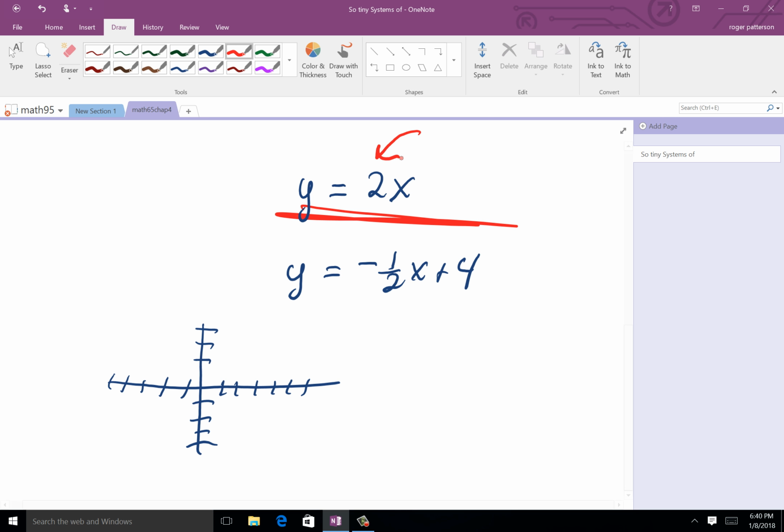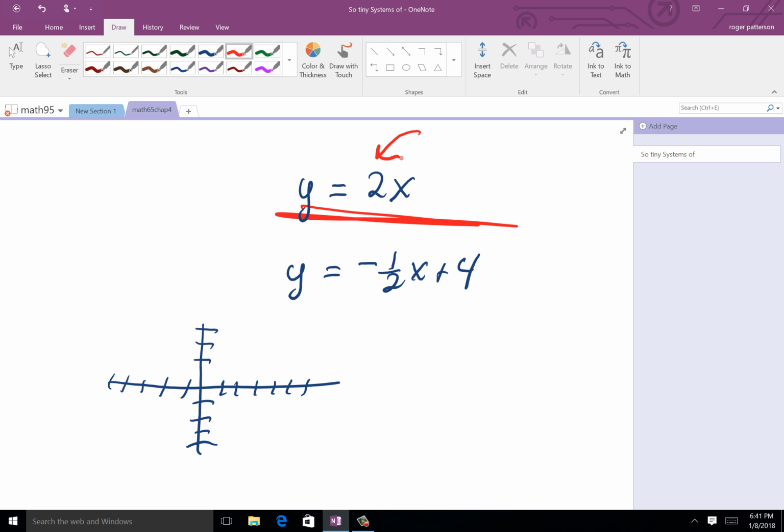That's your slope. So the number in front of the x is going to be your slope. What would this other number represent? Y-intercept, great. So we're going to use those two things to graph.